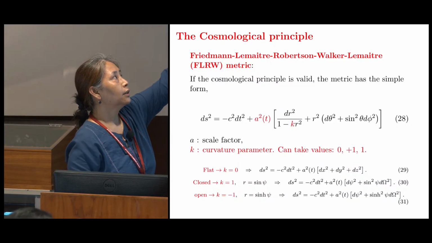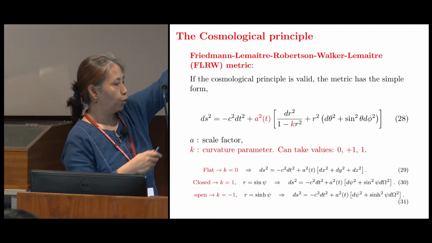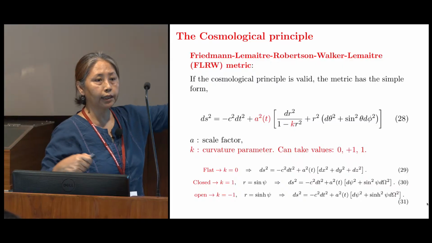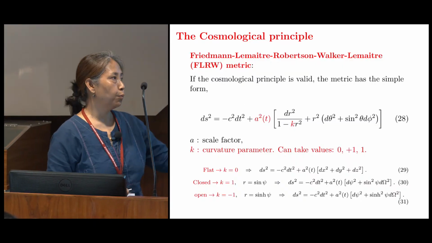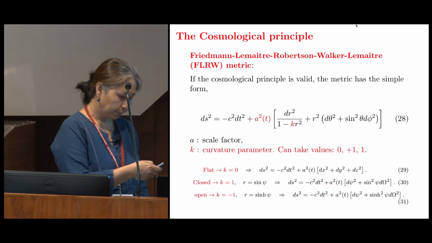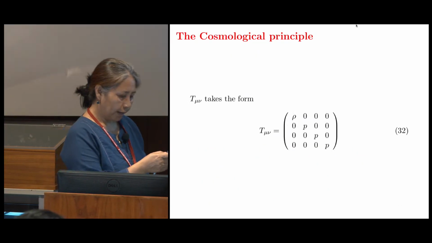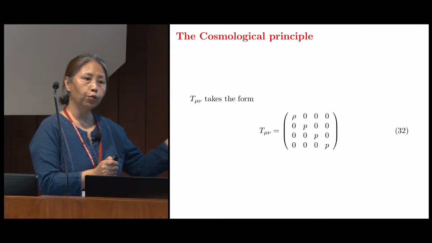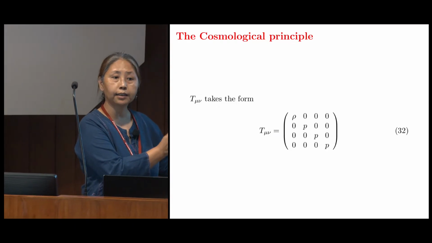So just by imposing the cosmological principle on large scales, this has already reduced the possible properties of the universe to this type. Whatever we discussed till now will fix the left hand side of the Einstein equation.